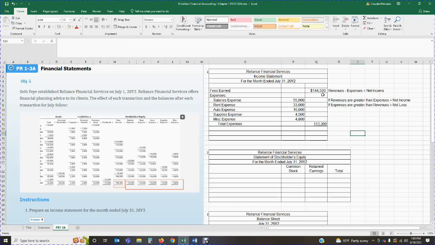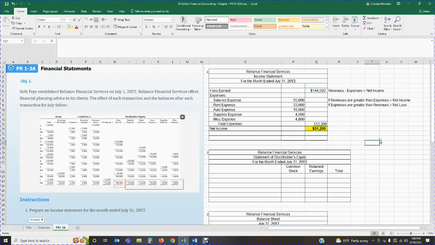Okay, so in this case we have to look at the numbers. My revenues are 144,500. My expenses are 113,300. So which one's larger? My revenues. So if your revenues are greater than your expenses, then we know we're going to have net income. So it's revenues of 144,500 minus my expenses of 113,300, and that's going to give me net income of 31,200.